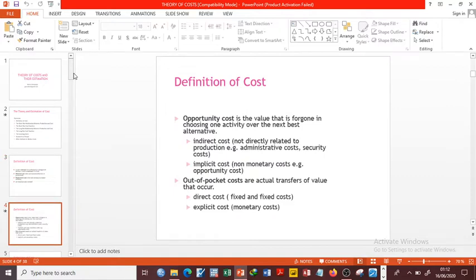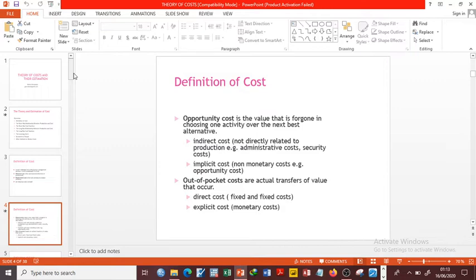Let's look at opportunity cost. Opportunity cost by definition is the second best alternative foregone when a choice is made. For example, when you have two things to choose from, when you choose one and you leave out number two, then number two is the opportunity cost.